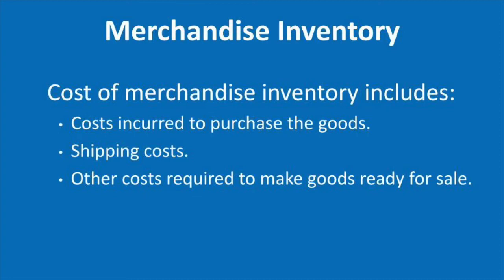If, for example, you have to pay the shipping costs to bring the goods to you to make them ready for sale, that gets incorporated into the cost of the merchandise inventory. And generally, any other costs that are required to make the products good for distribution or good for sale are considered as all part of merchandise inventory costs.